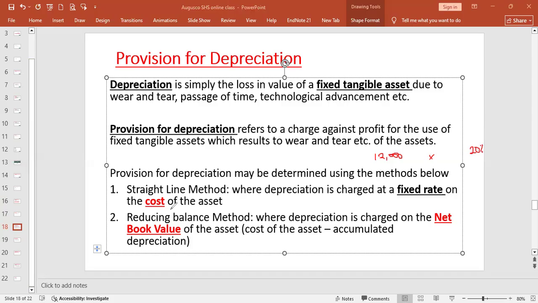It is different when you come to the reducing balance. Here, you don't apply the rate on the cost of the asset, you apply it on what we call net book value. I believe you appreciate this concept from our discussion of the balance sheet. The net book value is the cost minus any previous depreciation.